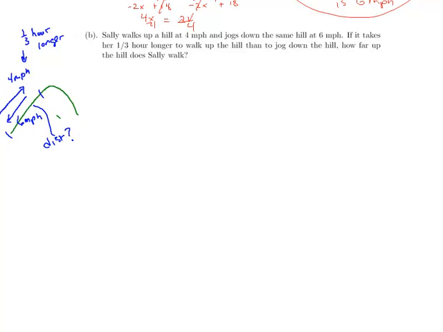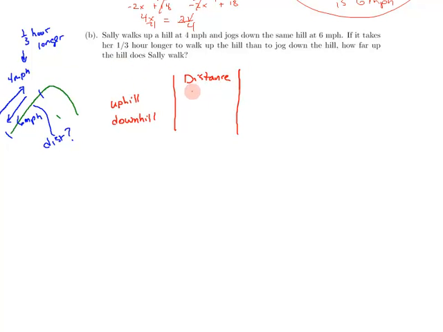Okay, well, let's organize our information into a table. What two parts have we divided this trip into? Well, we've got the uphill, we have the downhill. So let's look at their distance. Distance will be uphill.